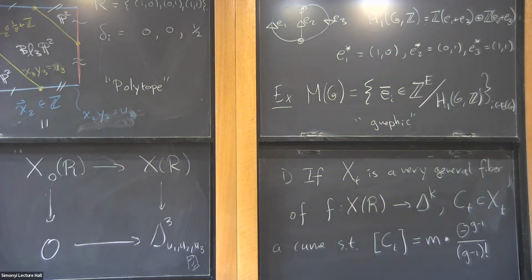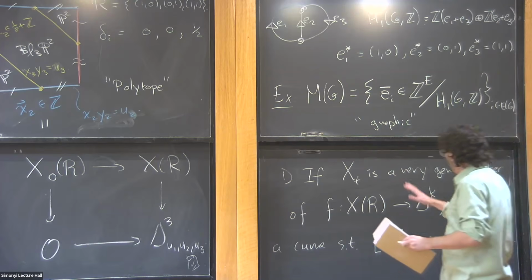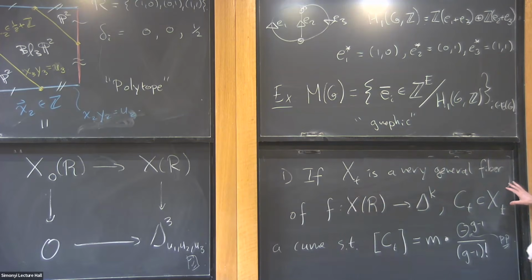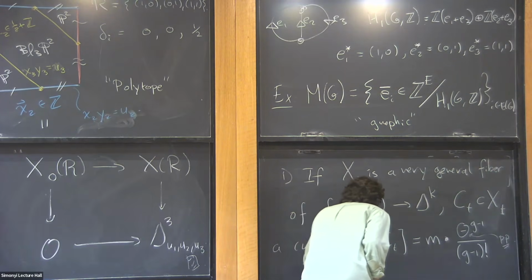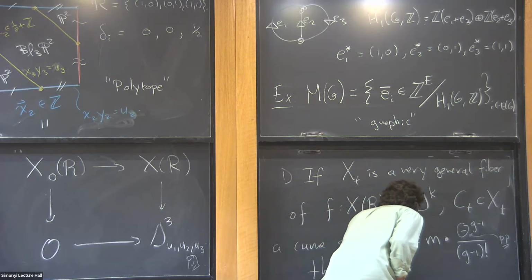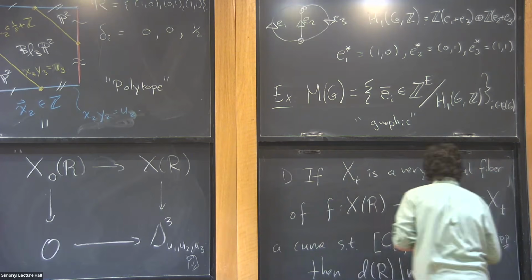Okay, so maybe I should just say theta here is the class of the principal polarization, okay? So this is an integer cohomology class, theta to the g minus 1 over (g minus 1) factorial. In the case of a Jacobian, it's famously represented by the Abel-Jacobi image, okay? So if we have a curve on the very general fiber which represents a multiple of the minimal class, then D of R divides this multiple.